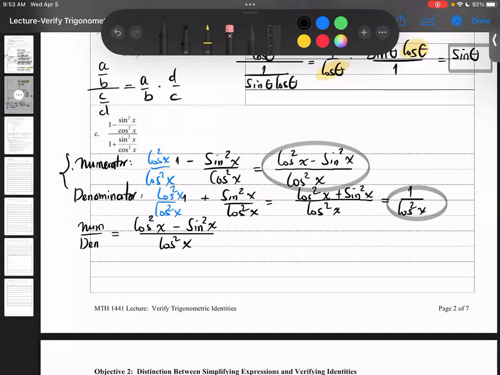Because the denominator is a fraction, can I go ahead and multiply by the flip of that? I don't want to rewrite the whole thing again. So multiply by the reciprocal of the denominator, which is cosine squared x over 1. Is there anything we can simplify? Yeah, cosine squared, simplify that with that. Your last answer is cosine squared x minus sine squared x.